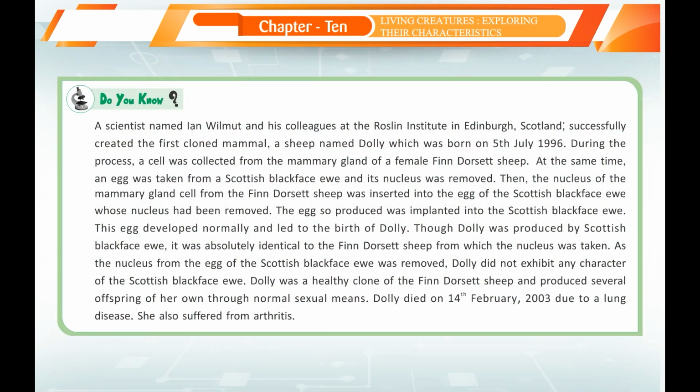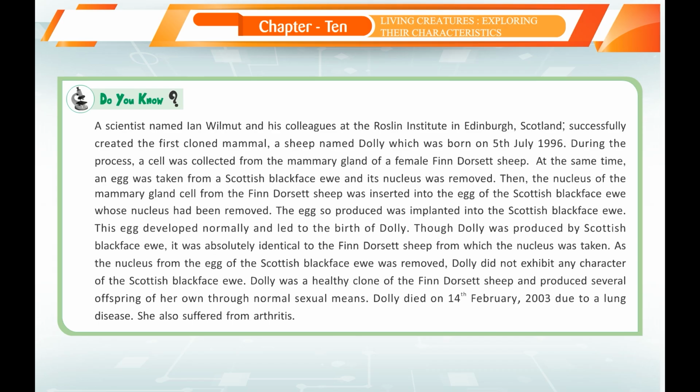Do you know, a scientist named Ian Wilmut and his colleagues at the Roslin Institute in Edinburgh, Scotland, successfully created the first cloned mammal, a sheep named Dolly, which was born on the 5th of July 1996. During the process, a cell was collected from the mammary gland of a female Finn Dorset sheep.